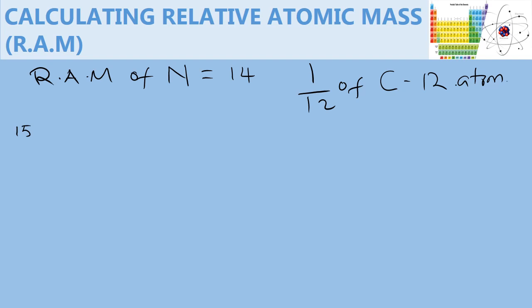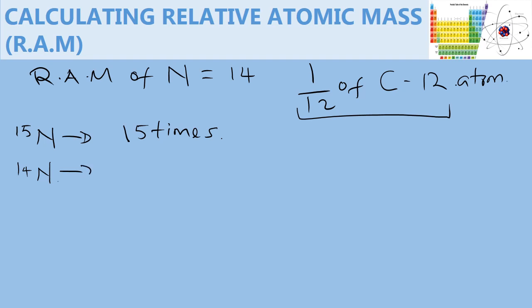The first one is nitrogen 15 and the second is nitrogen 14. So you ask yourself, nitrogen 15 weighs 15 times more than 1/12 of carbon-12 atom, whereas nitrogen 14 weighs 14 times more than 1/12 of carbon-12 atom. So which one do we choose?